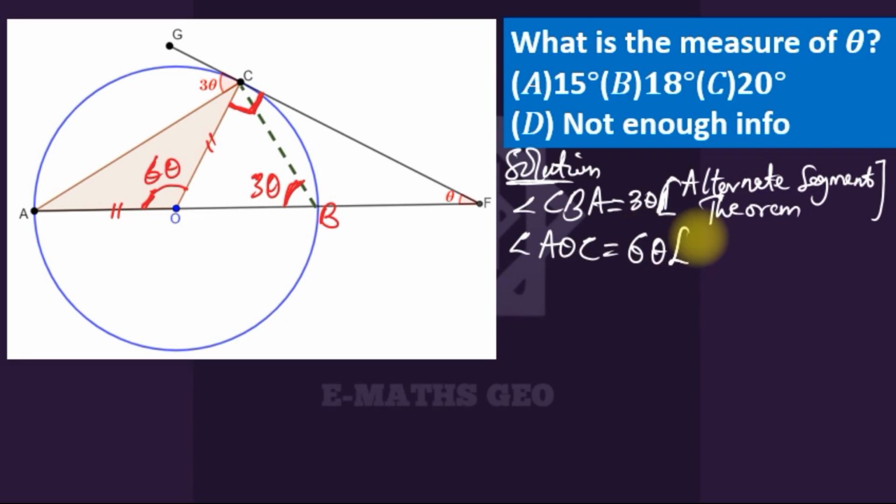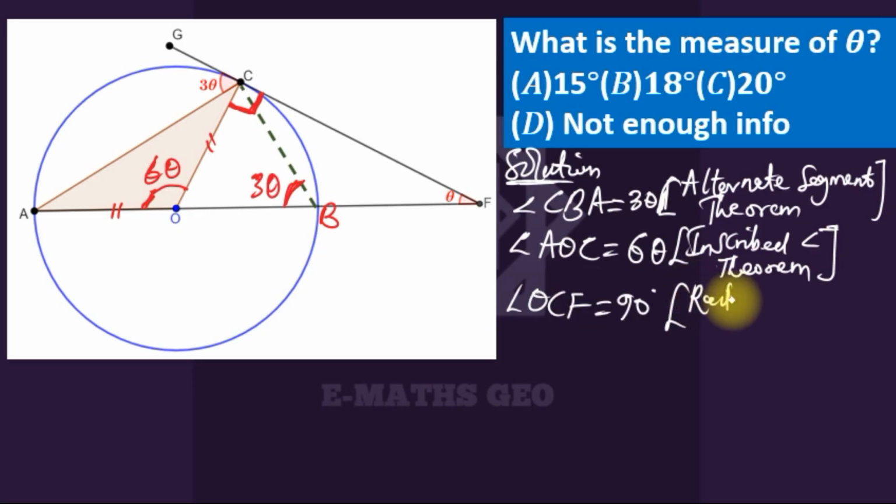Why? Inscribed angle theorem, as the central angle is 2 times the inscribed angle. And angle OCF is 90 degrees. Why? Radius tangent line relationship. So they're always perpendicular, always.